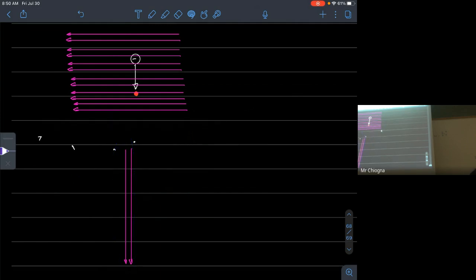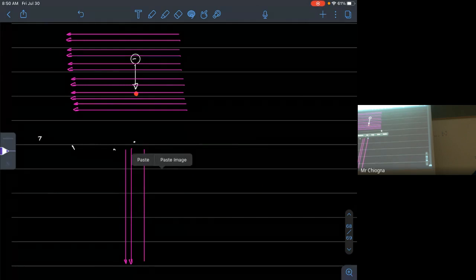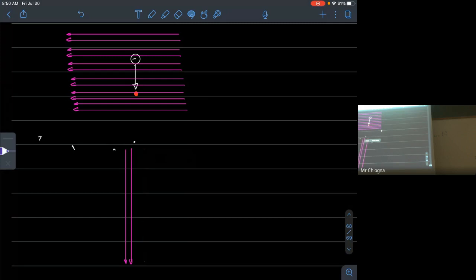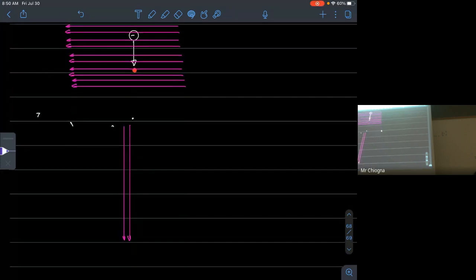Okay. So magnetic field is down. Anyways, magnetic field is down.